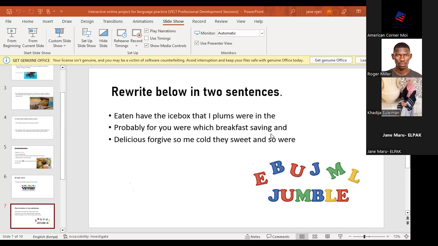I have eaten the plums that were in the icebox. Pardon, wait a second. No problem. I'm not writing, so it has just disappeared. Wait a second. All right.